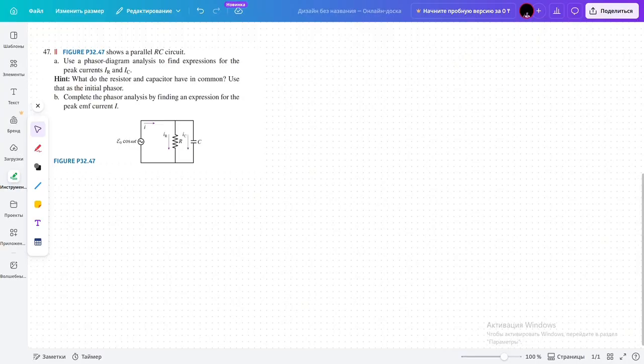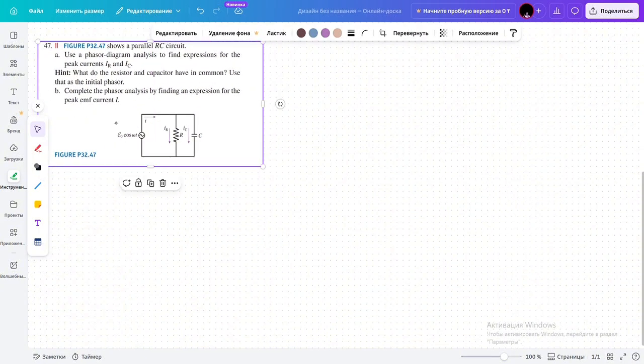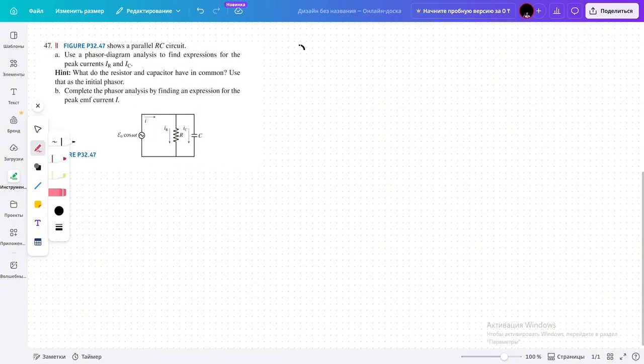Like we had a series circuit in the previous task, so our voltages were not the same, and in this one, in a parallel circuit, the voltages are the same, but it's not a big deal.